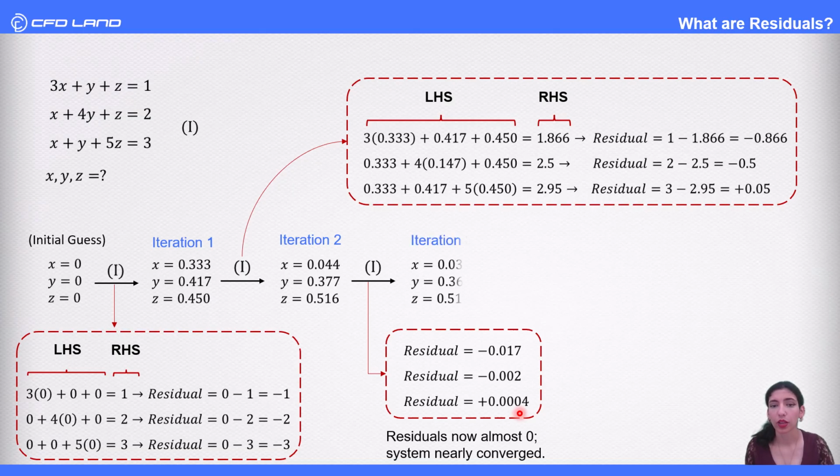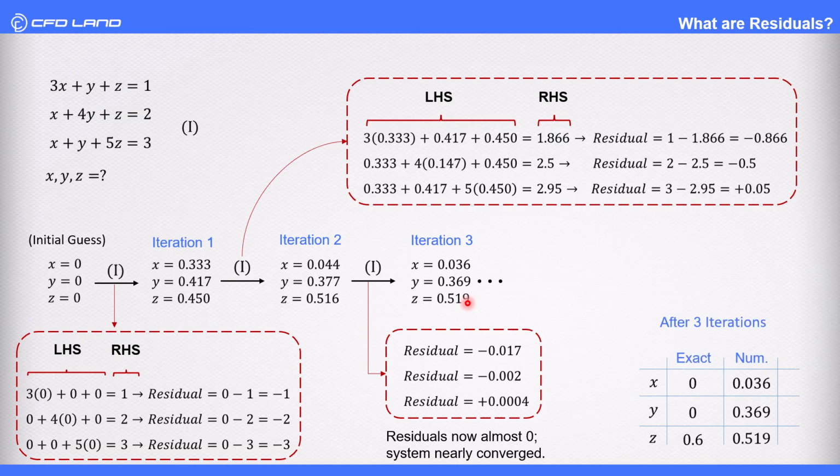Now, this is our final answer. We have our answers. Now, let's compare them with the exact answers. Well, you see, for Z, the difference is very small. So we can accept it as converged.